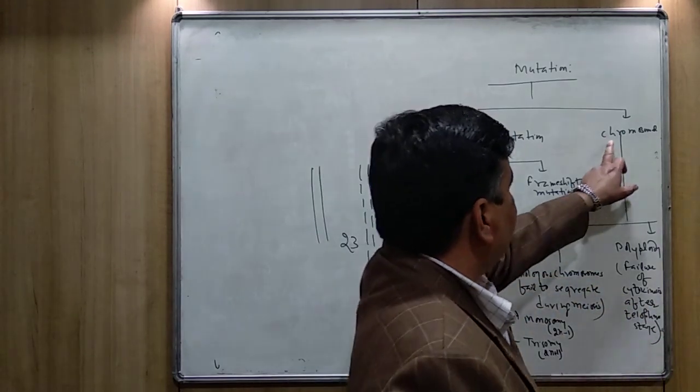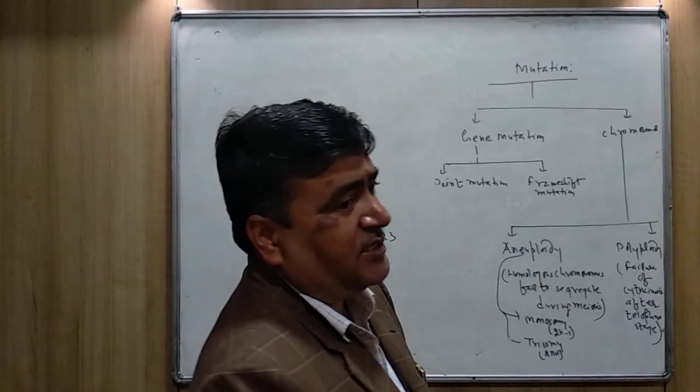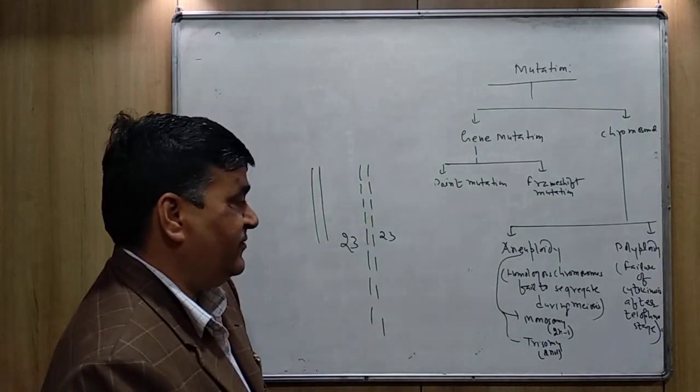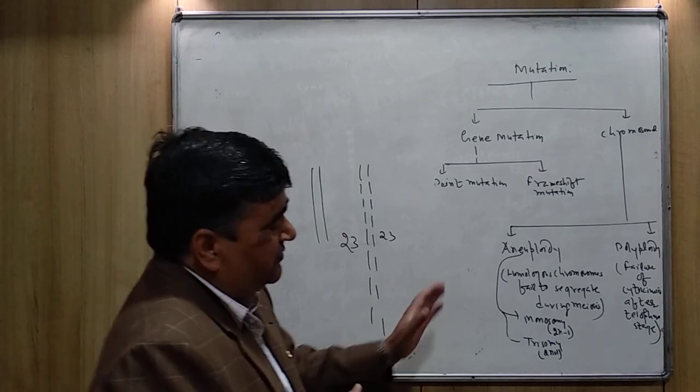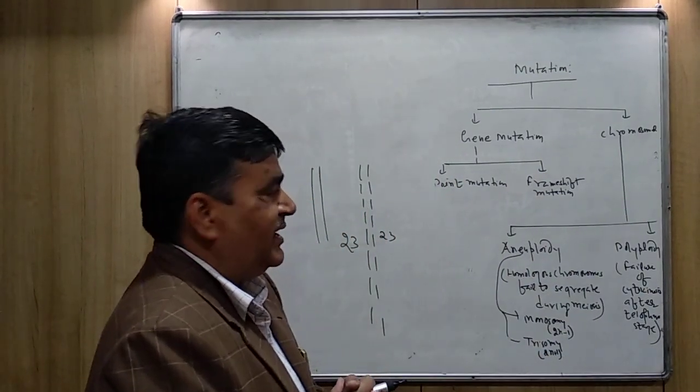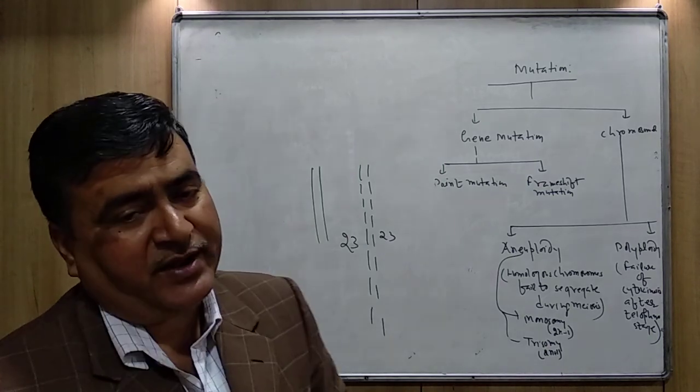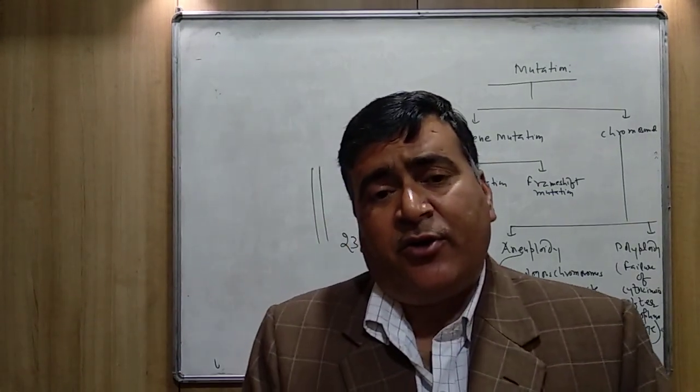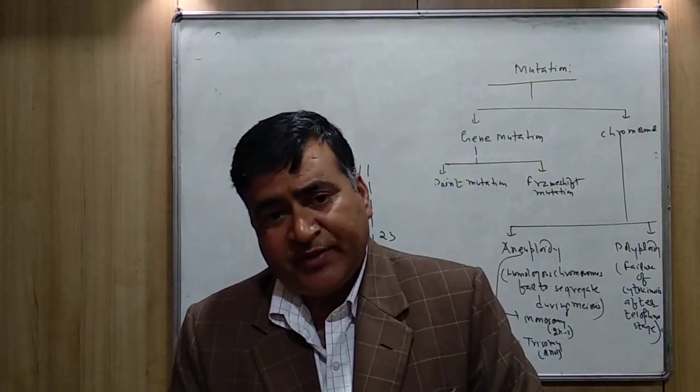Actually, the chromosomal disorder, or you can say the chromosomal mutation, is divided into two types: aneuploidy and the second one is polyploidy. It's very, very important. What do you mean by aneuploidy?